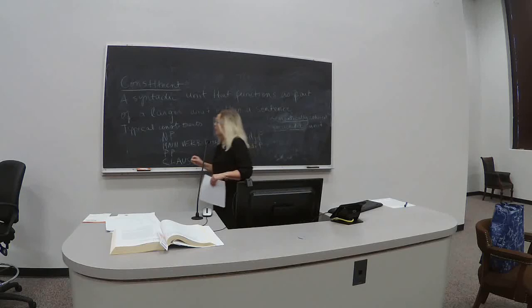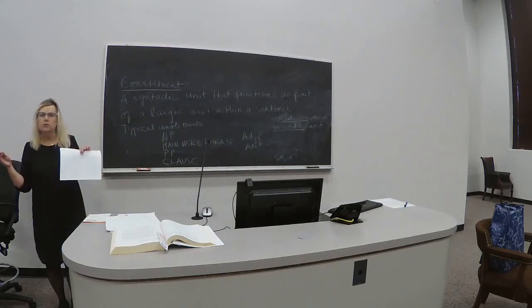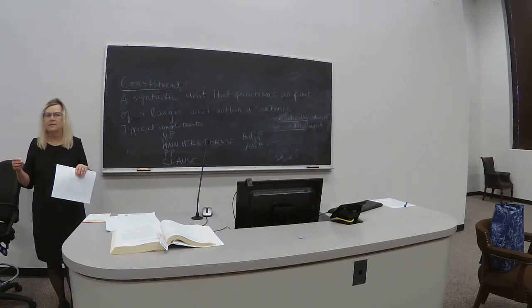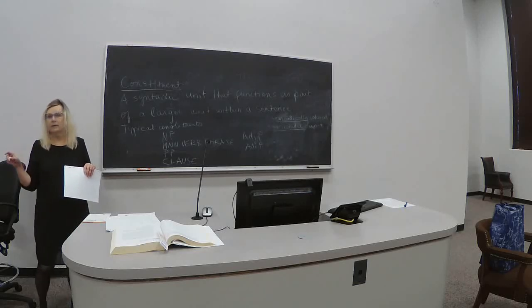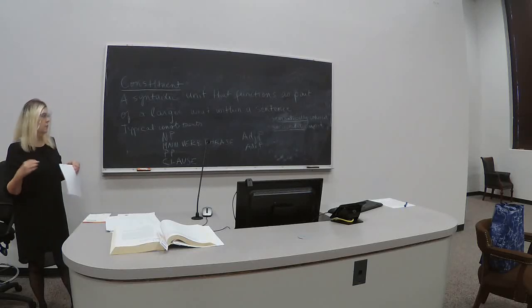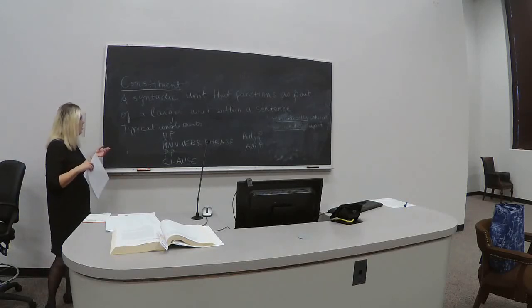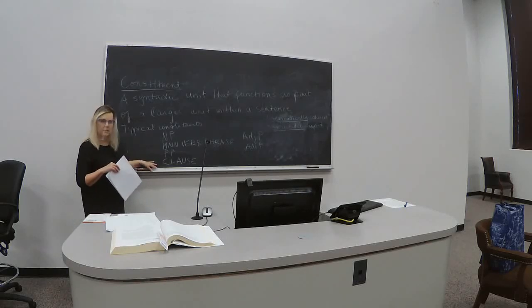So the sentence itself is the largest constituent within a sentence. And what then might be the smallest constituents in a sentence? Those would be the individual words, because words are also meaningful. Even if they are function words, they would be grammatically meaningful. So the intermediate constituents then are these phrases.